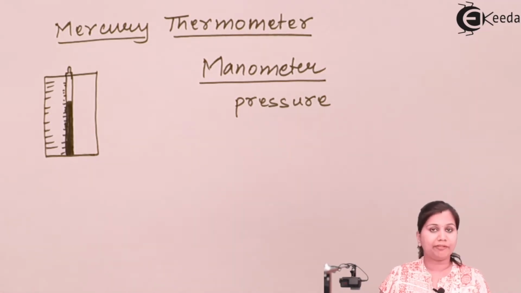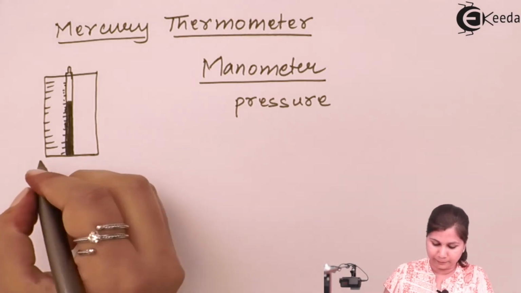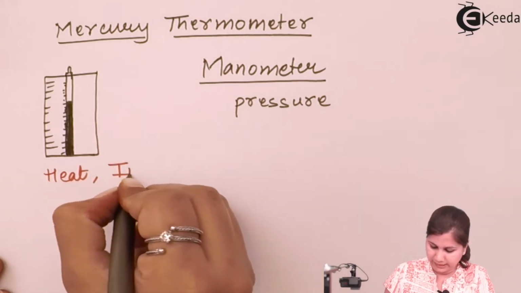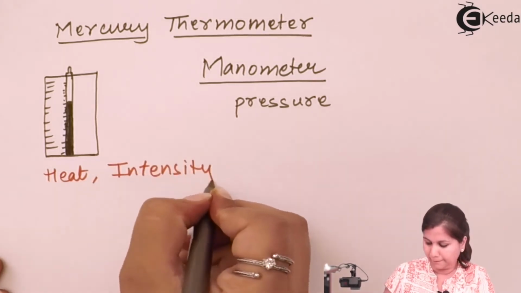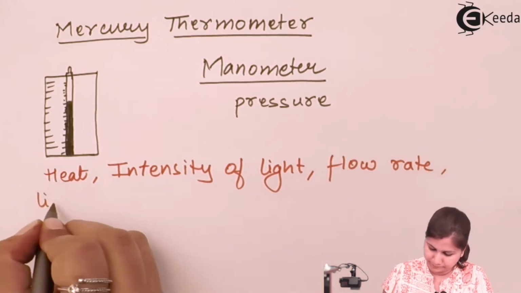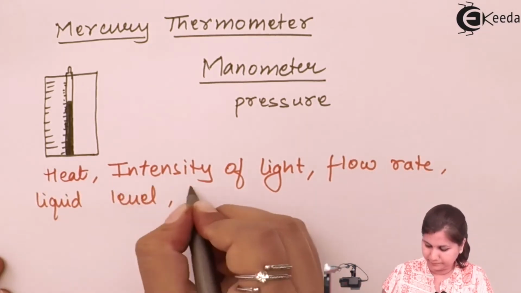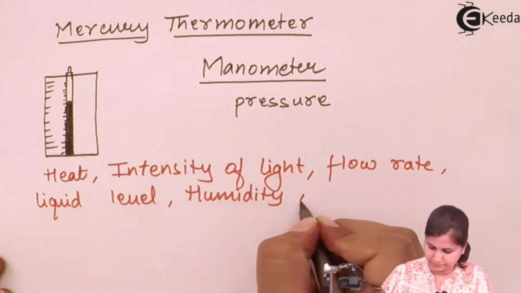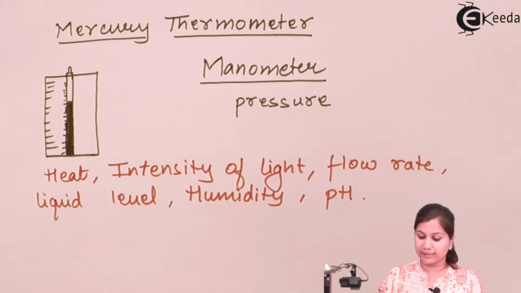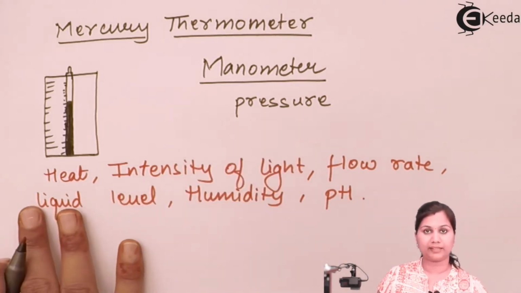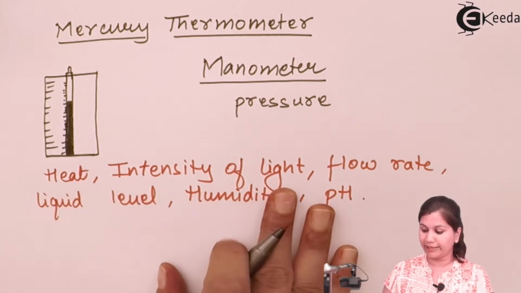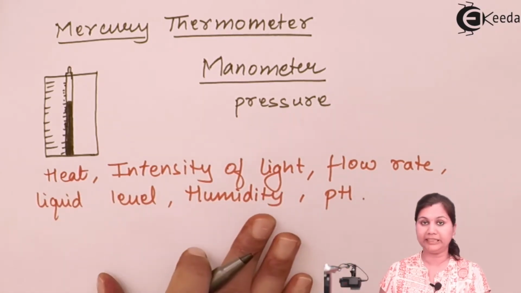Now there are many physical parameters, not only the temperature and the pressure variations, but also other physical quantities like the heat, intensity of light, flow rate, liquid level, humidity, pH.